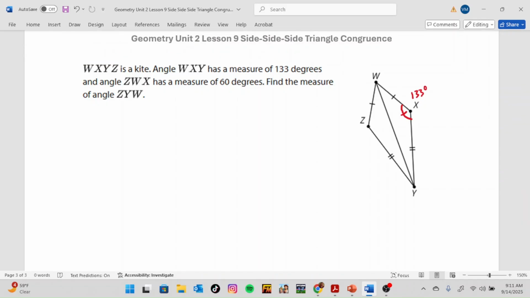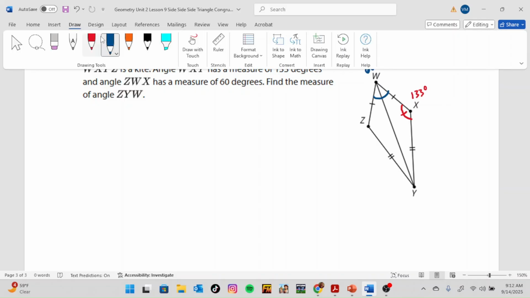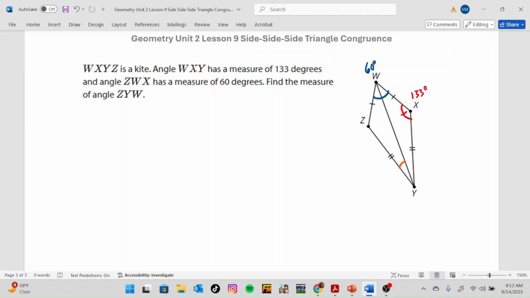And angle ZWX, that's this whole blue angle, has a measure of 60 degrees. They want us to find the measure of angle ZYW. So they want us to find this angle down here.